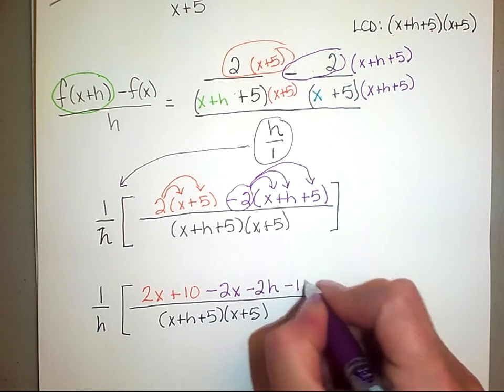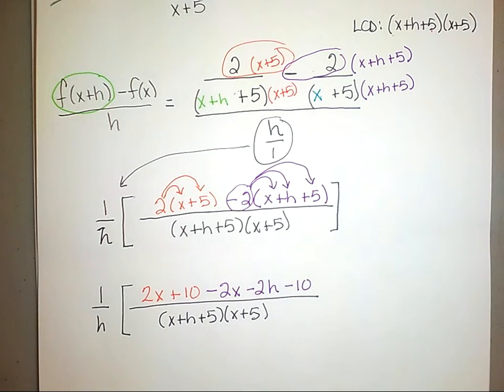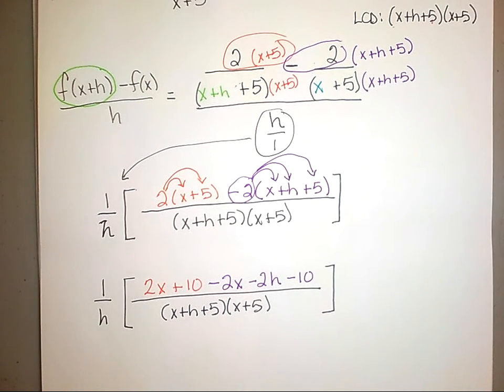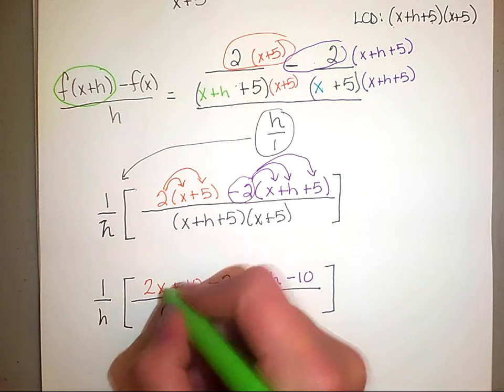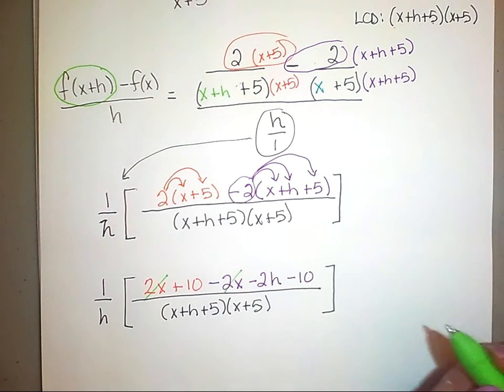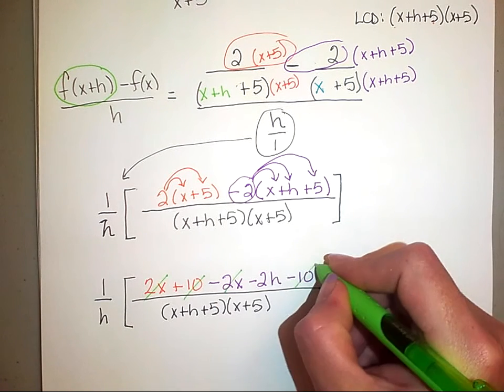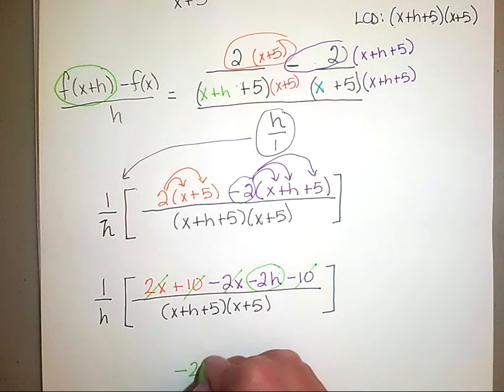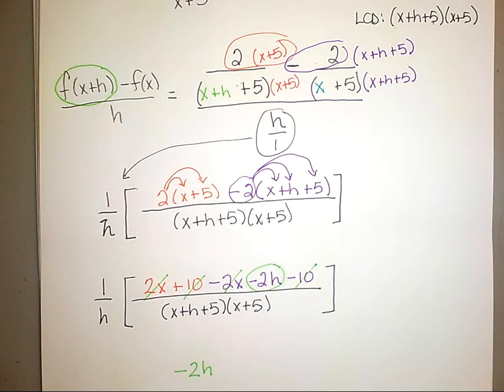And then here we can distribute to get 2x plus 10. And here we have to distribute not just the 2, but the negative 2 through everything. So now we can collect like terms.